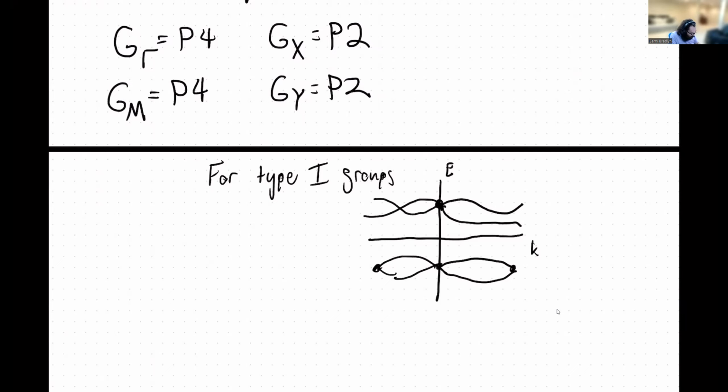And so at this K point here, let's call it K0, let's call this point K1, these eigenstates here are degenerate because these two states transform in an irreducible representation of GK0, as do these states. And this state transforms in some representation of GK1.